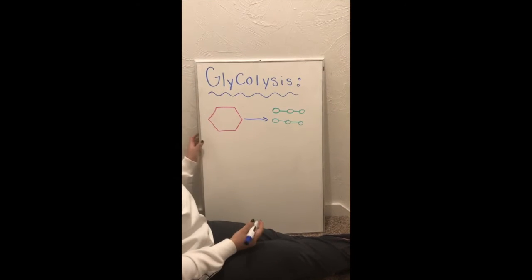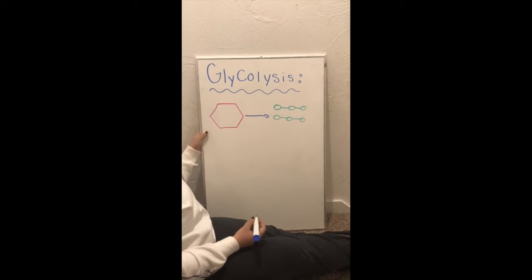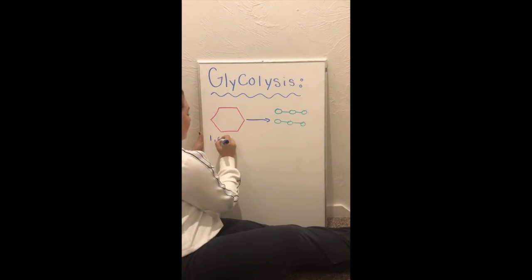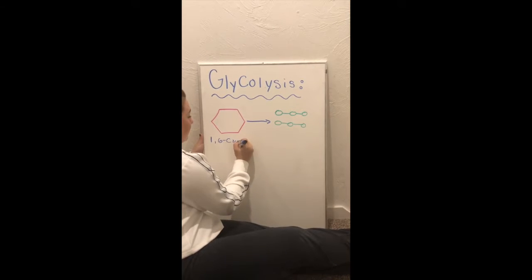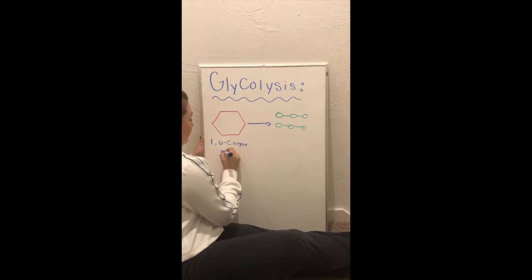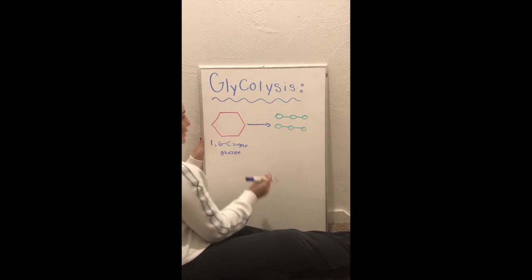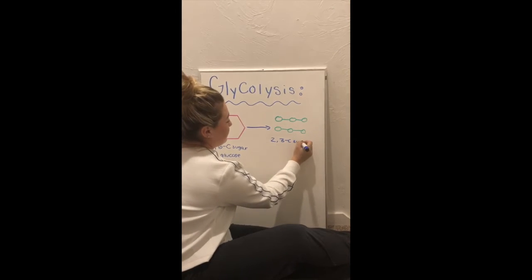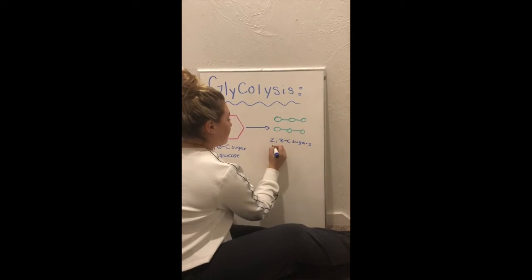Glycolysis is an anabolic step to cellular respiration, which literally means sugar splitting. In this process, one 6-carbon sugar, known as glucose, gets broken down into 2 3-carbon sugars, known as pyruvate.